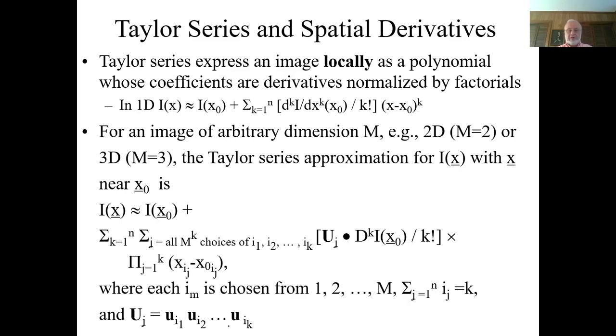For 2 dimensions, for a 2 tensor, the second order term, you now have 4 entries. And d2i by dx by dy is, for example, going to get multiplied by x minus x0 times y minus y0, and so on. Any questions about what's going on here? This is the generalization of Taylor series about a position x underline sub 0.